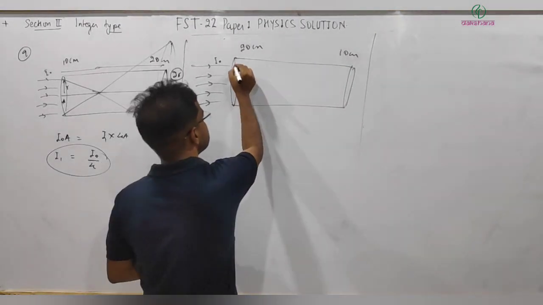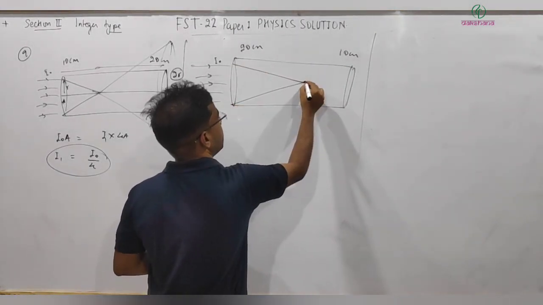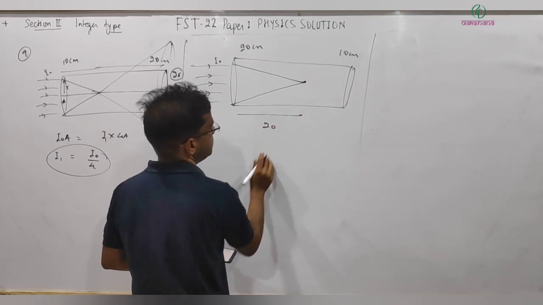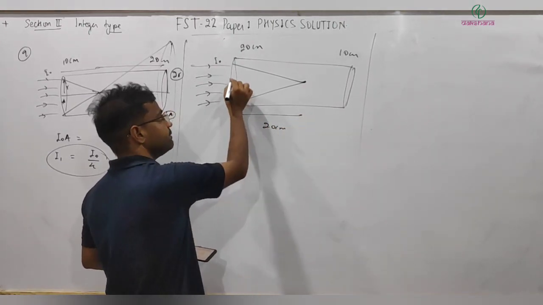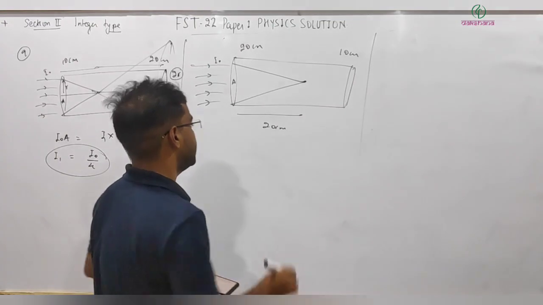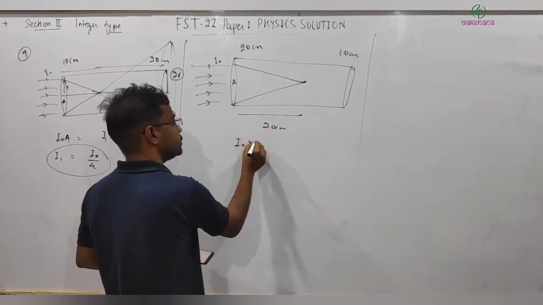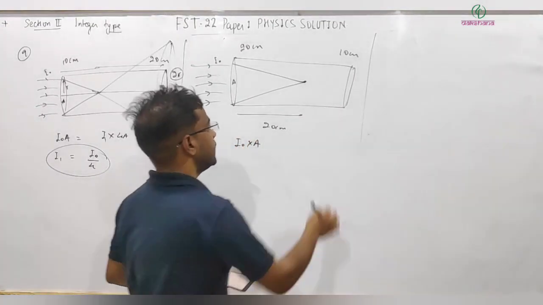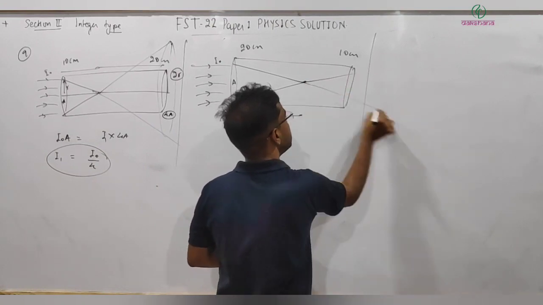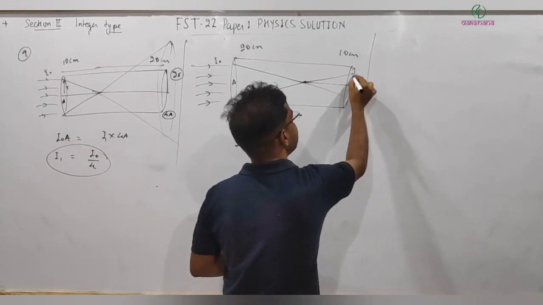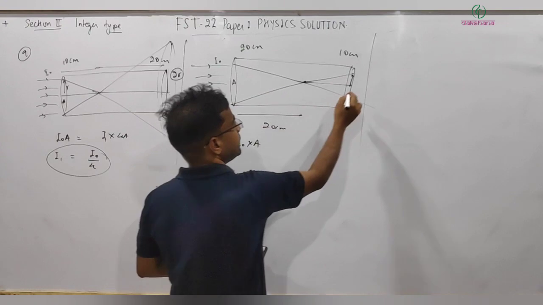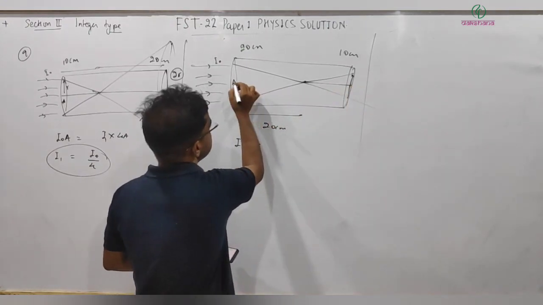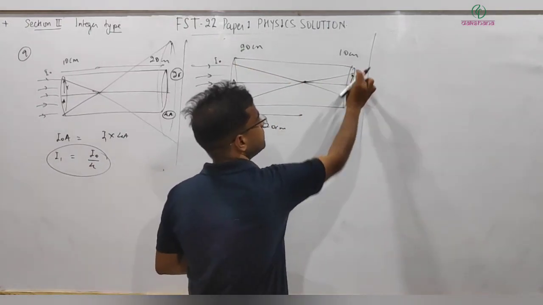In this situation it will converge here, that is at 20 centimeter. So if the area is a, then the power incident is I naught into a. After that it goes up to here. Again if this area is a, then because this radius is r, this radius will be only r by 2.